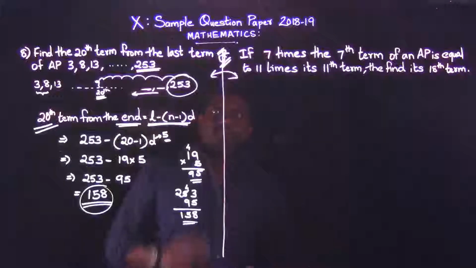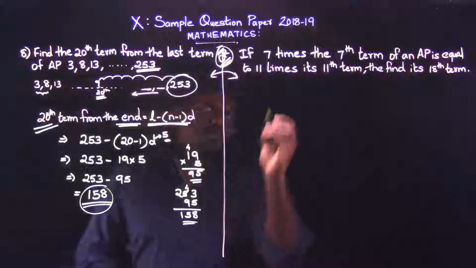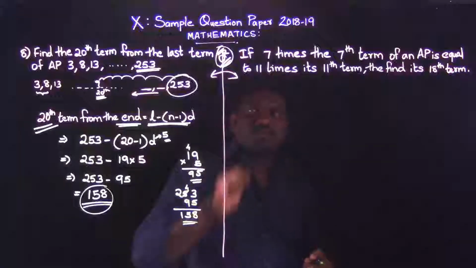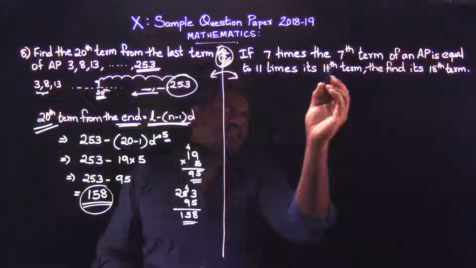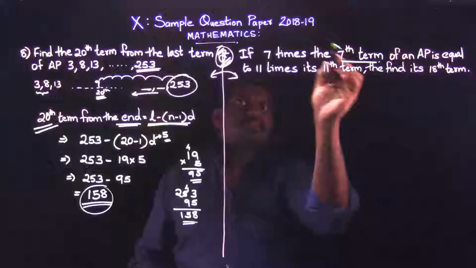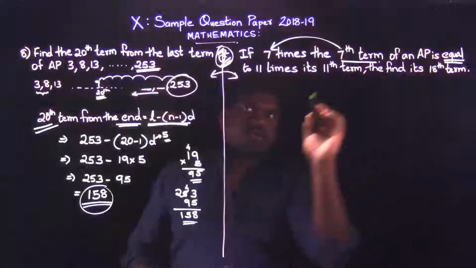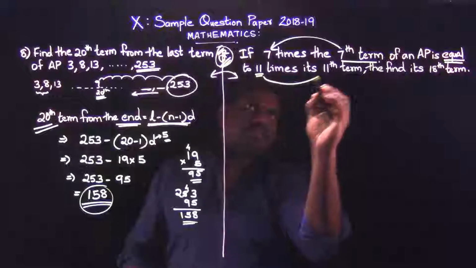Now moving on to the OR option. Either this one or this one. This is also pretty easy, but you need to know what has been asked. The question goes: if 7 times the 7th term of an AP is equal to 11 times its 11th term.